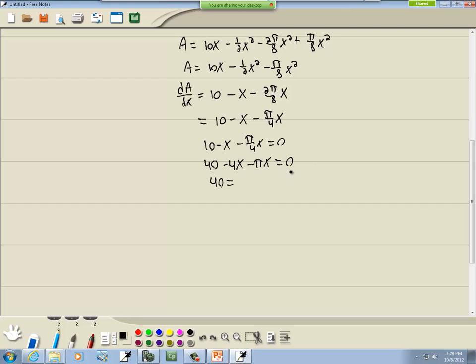So I'll take the negative 4x to the right side, becomes a positive 4x. Take negative pi x to the right side and becomes a positive pi x. I'll try and get x by itself, so I'll factor an x out, and that gives us 4 plus pi. And then I'll divide both sides by what's behind our x, which is 4 plus pi. So we got 40 over 4 plus pi.